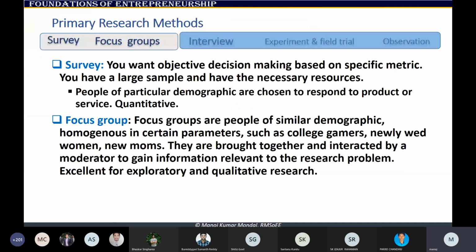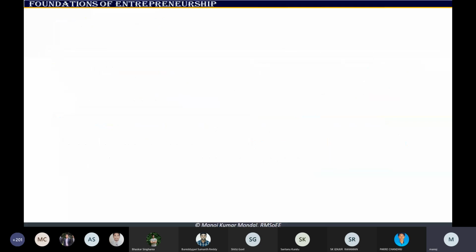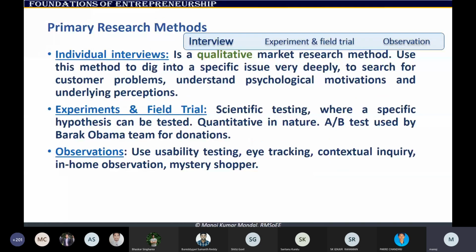I will give another example. When I do marketing management, I will talk about Barack Obama's story. That's a wonderful story. So survey has some method, focus group has some method. I have already discussed that.